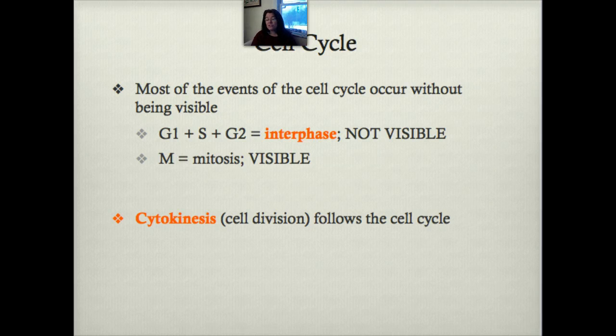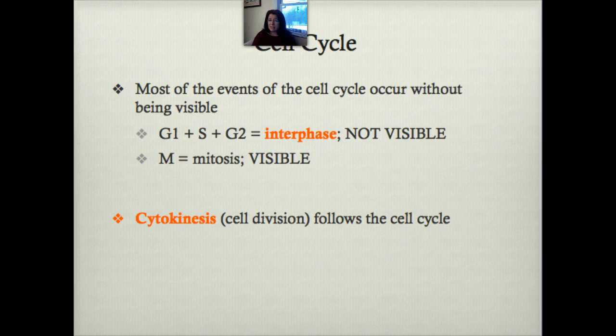Now, most of the things that go on during the cell cycle are going to happen without us actually seeing them underneath the microscope. The G1 stage, the S, and the G2 stage are all invisible underneath the light microscope.